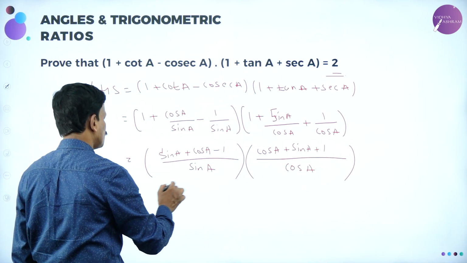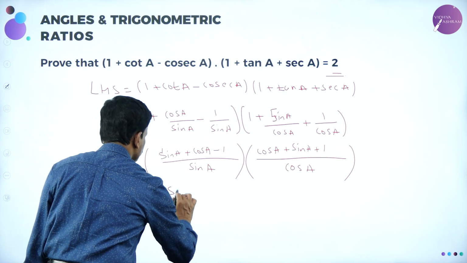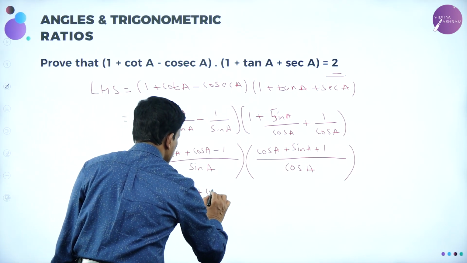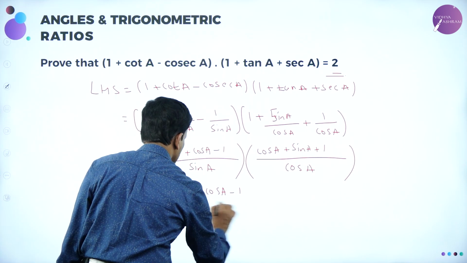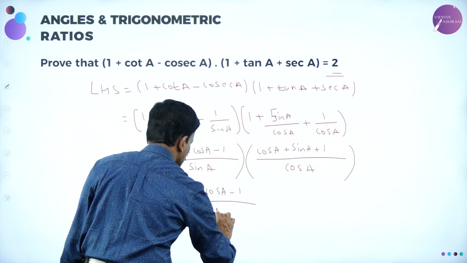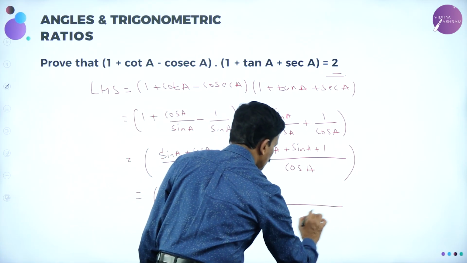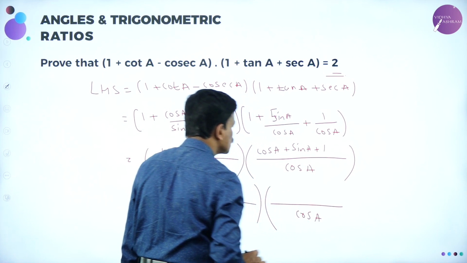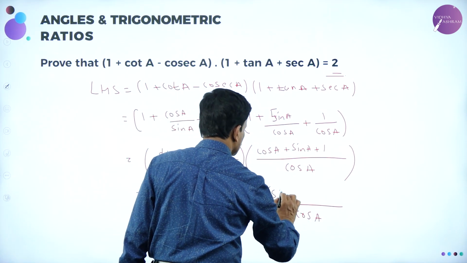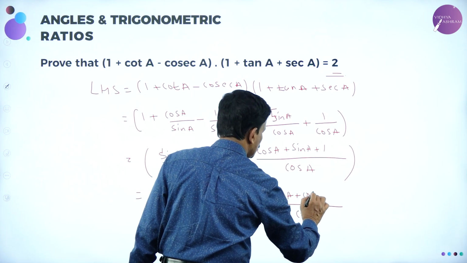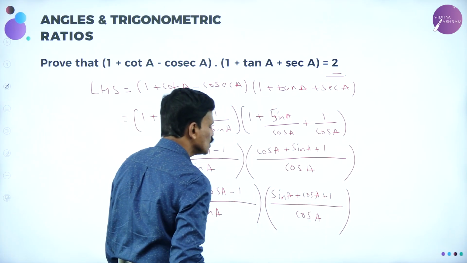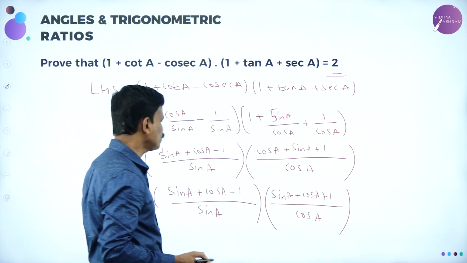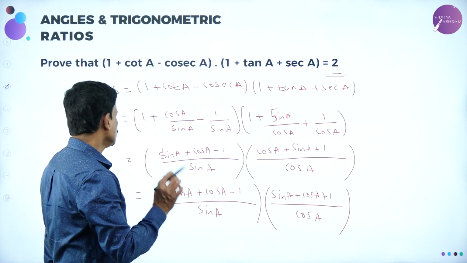Now if you observe carefully, this can be written as sin A plus cos A minus 1 divided by sin A, into the denominator, which is the same, sin A plus cos A plus 1 divided by cos A. Now let us simplify.